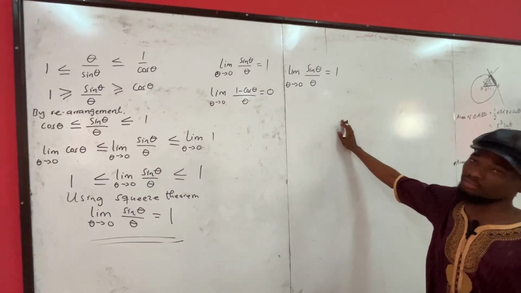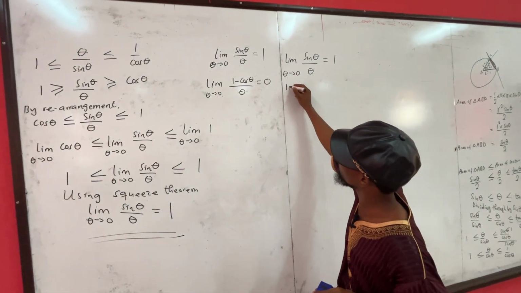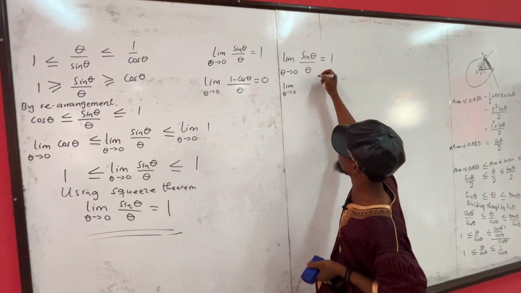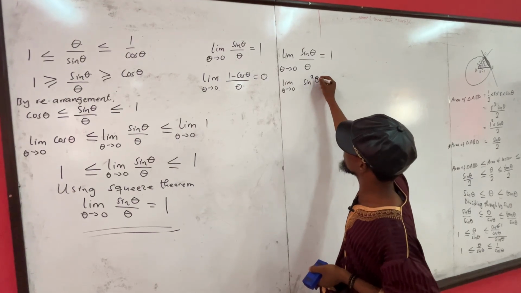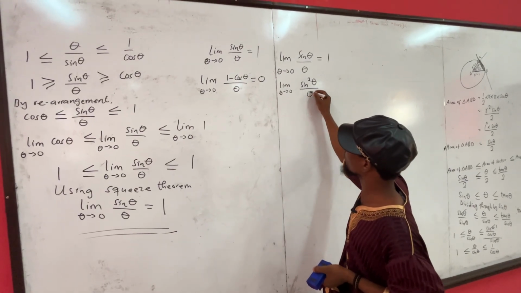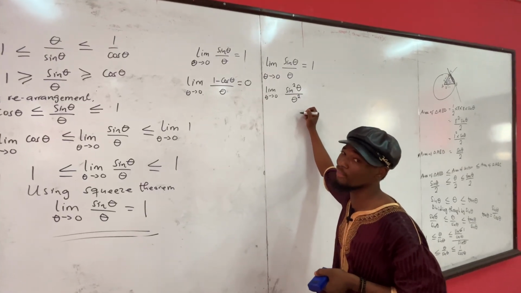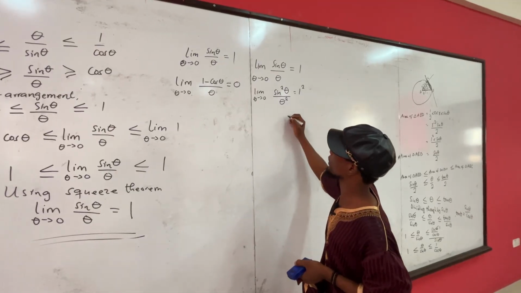Let's square everything. When we square everything, we have the limit as theta approaches 0 of sine squared theta over theta squared. Whatever you do to the left hand side, you do the same to the right hand side. You also square this, right?